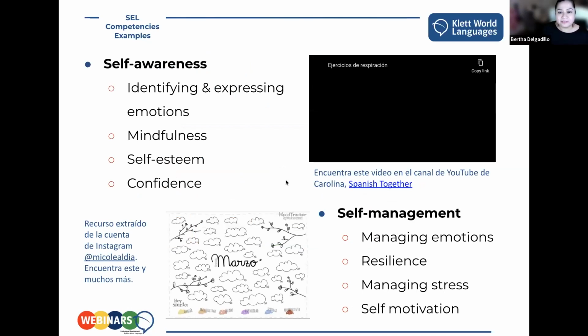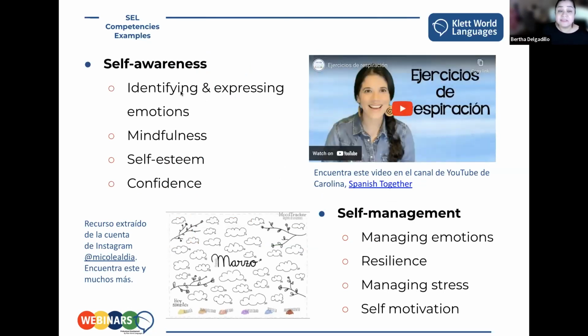When we are referring to self-awareness, we're talking about identifying and expressing emotions, talking about how we feel or how something makes us feel. We are talking about mindfulness. We're talking about self-esteem, and how do we ever talk about self-esteem in the classroom? How do we see ourselves?